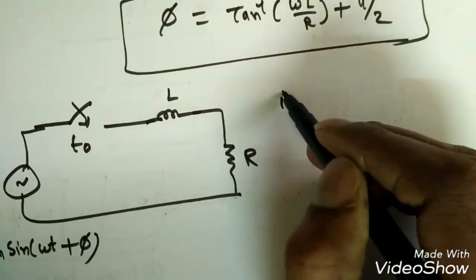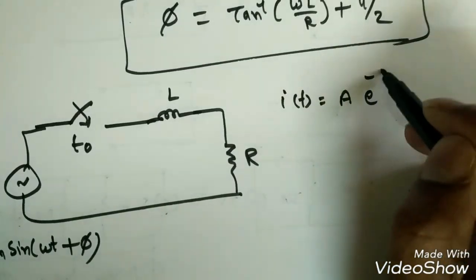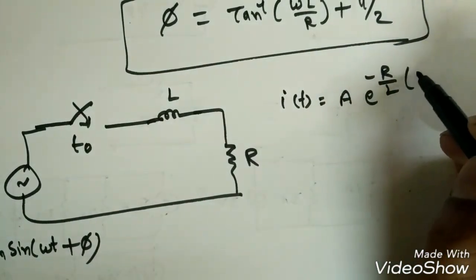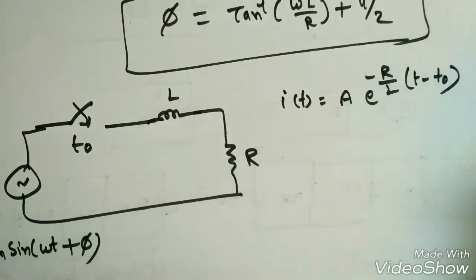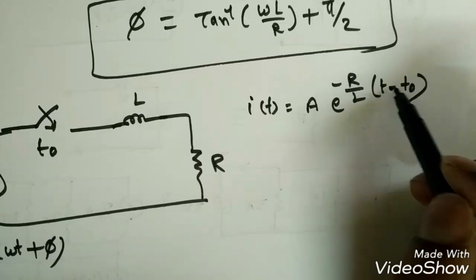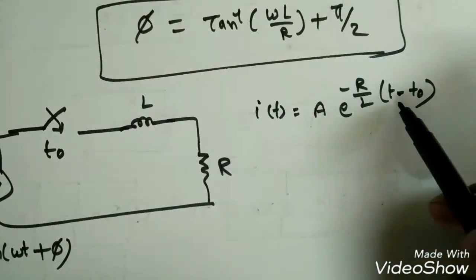So you can easily write i of t is equal to A into e power minus R by L into t, where in place of t we will get t minus t naught, right? If t naught equal to 0, we'll get e power minus R by L into t. Now the switch is closed after some time, that is t naught, so it will be a delayed version.